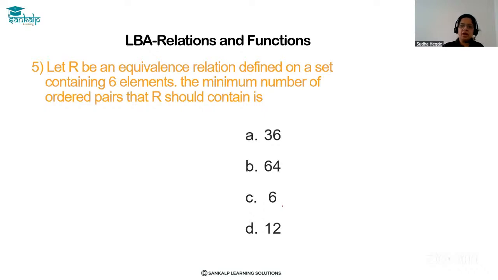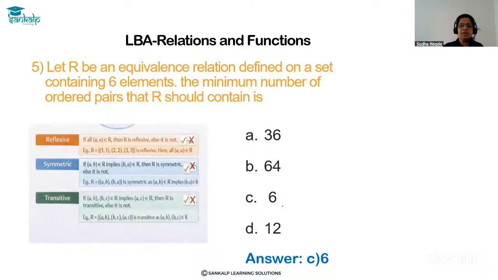So there are 6 elements. Suppose, let us take A as {1, 2, 3, 4, 5, 6}.